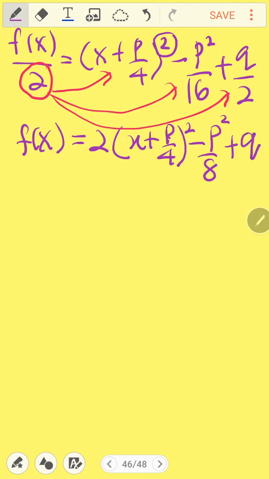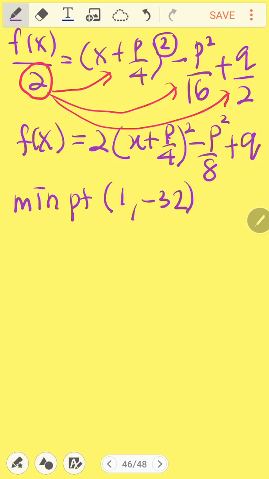Okay, now it's time for us to compare what we got with the information given in the question. The question gives that the minimum point is (1, negative 32).